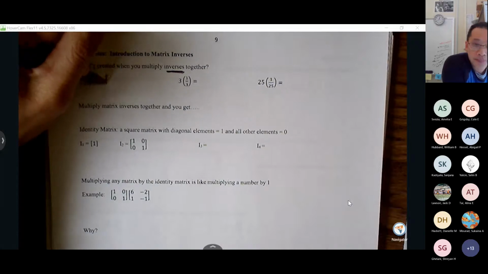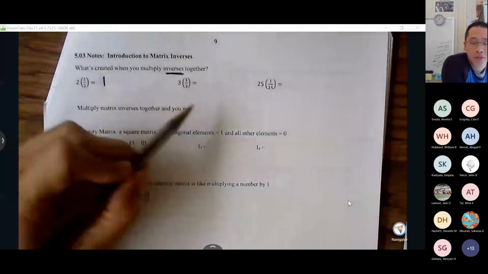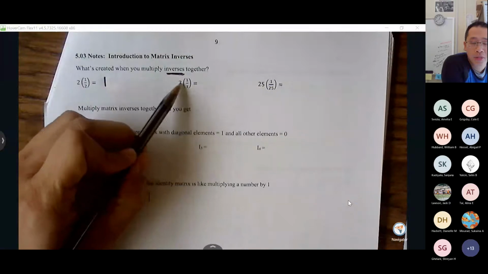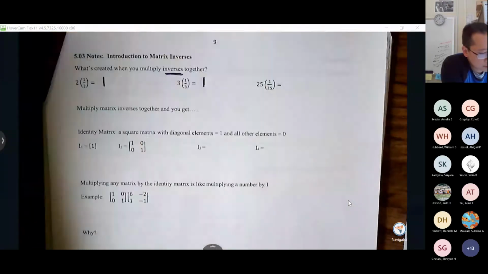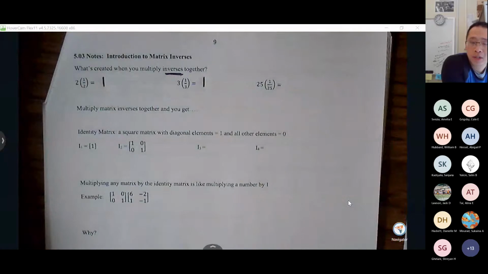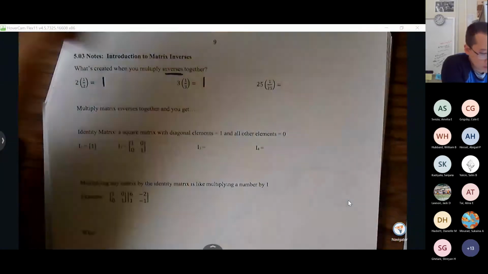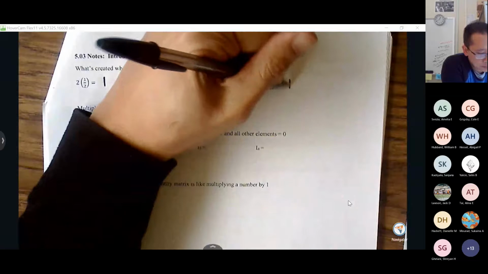Just 1, right? The 2's cancel out. 3 times its inverse also undoes and cancels each other out. Okay, 3 times 1/3 is 1. 25 times 1 over 25 is also 1.